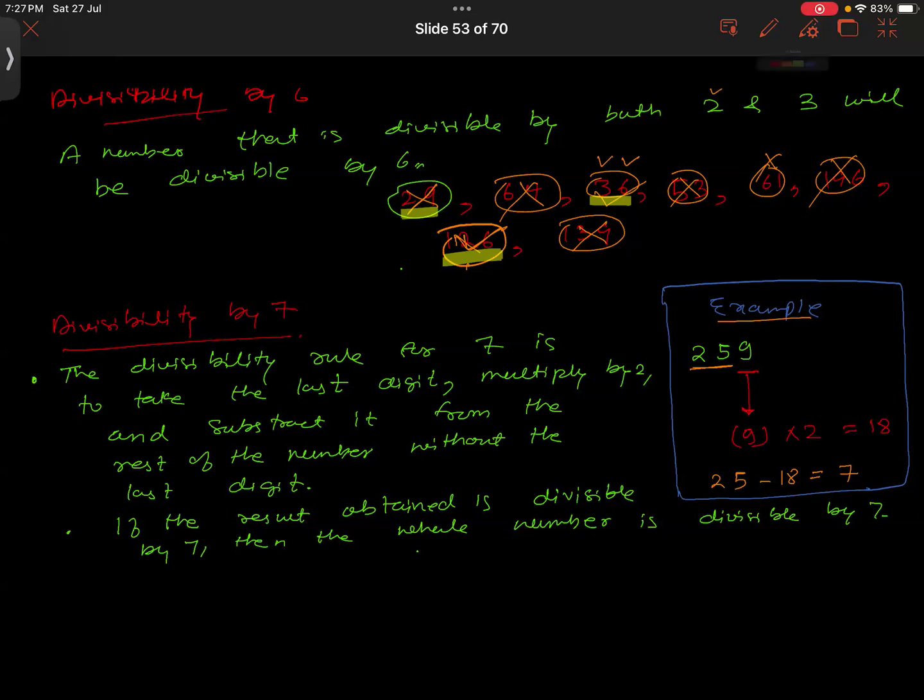After this, we would be taking an example, 2455, and we will find whether it is divisible by 7 or not.